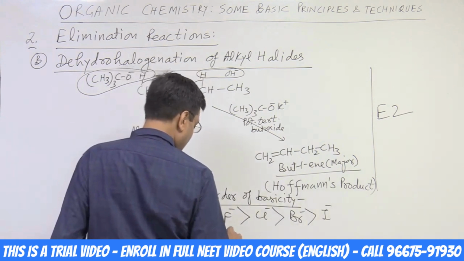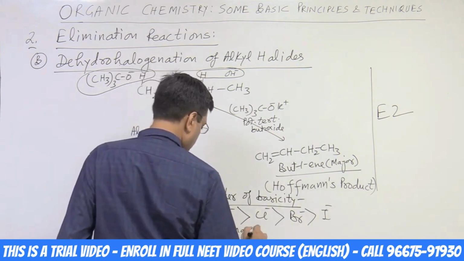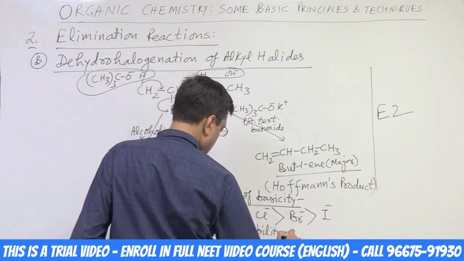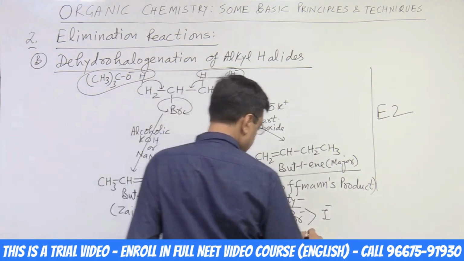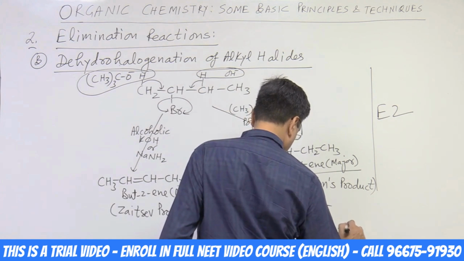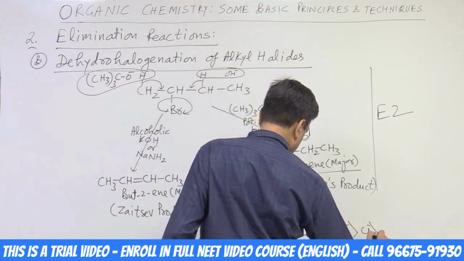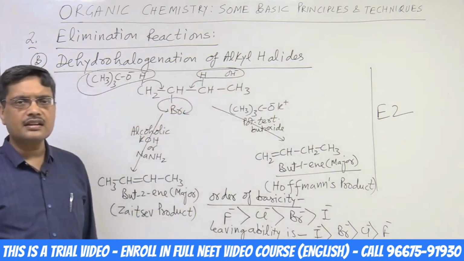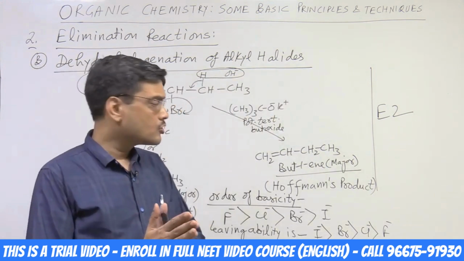Then leaving ability is iodide, bromide, chloride and fluoride. So overall we can say that iodide ion is the good leaving group.